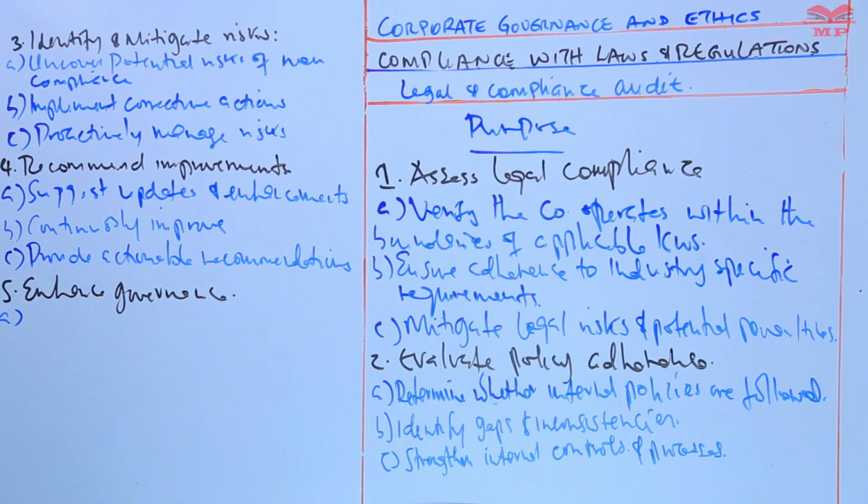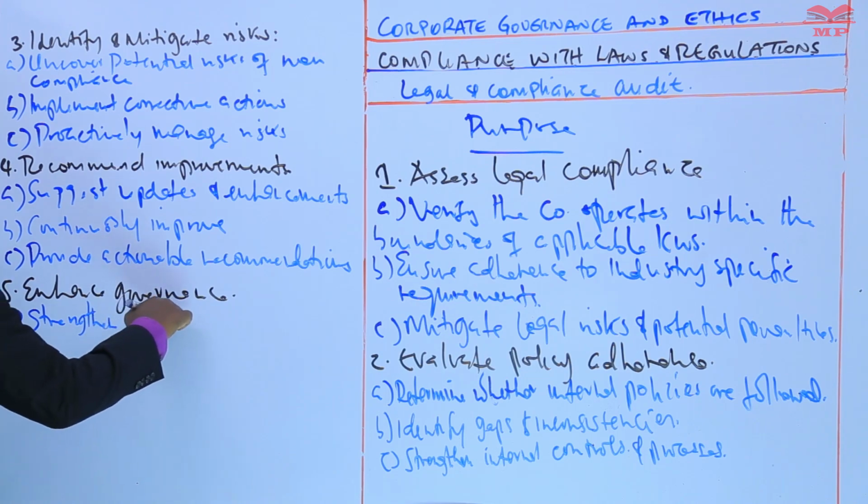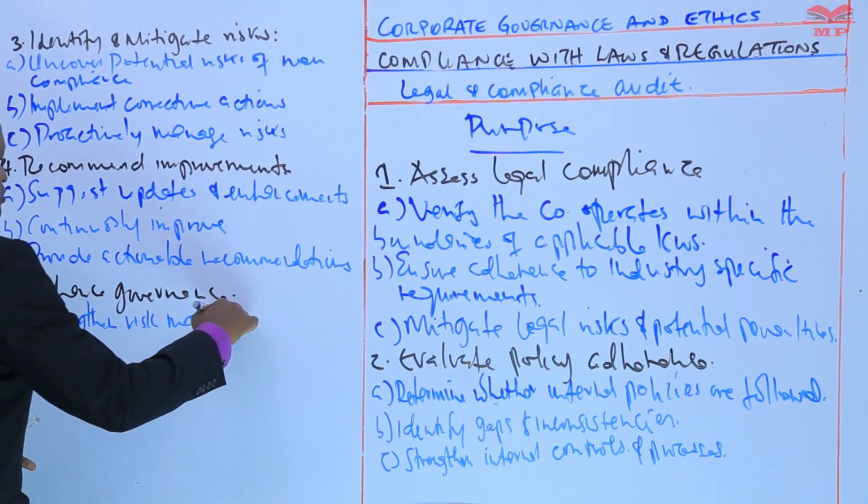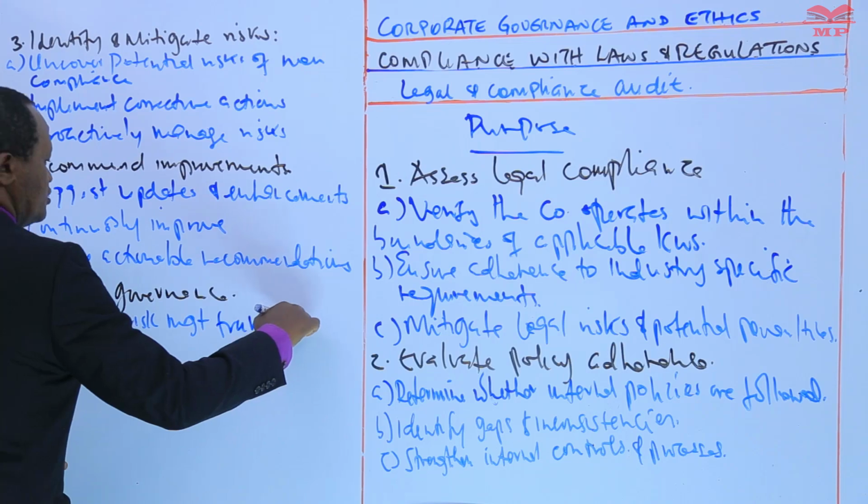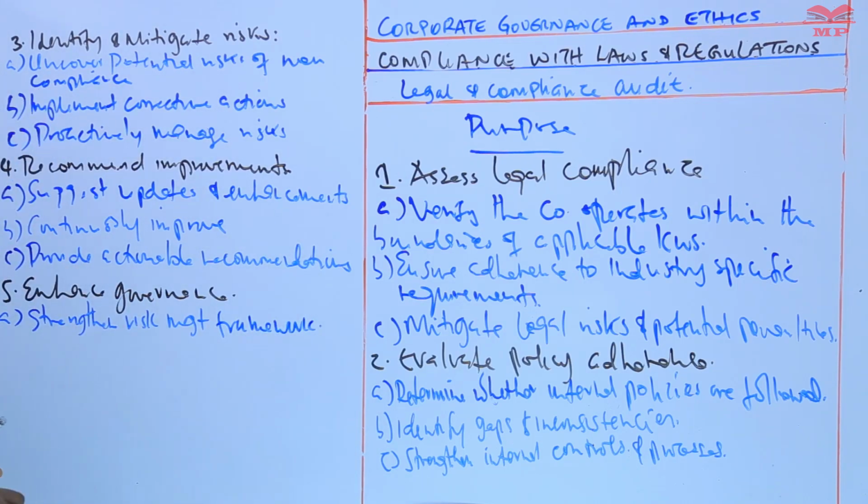Legal and compliance audit can help to strengthen the organization's overall governance and risk management framework. That is one way to enhance governance. Legal and compliance audit can also demonstrate a commitment to ethical conduct.